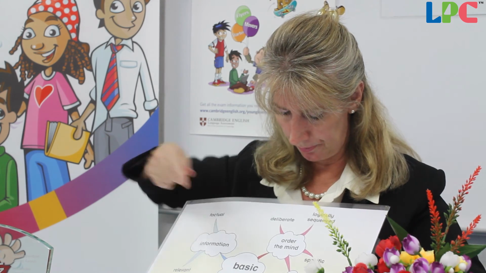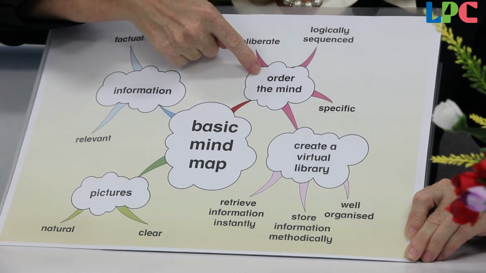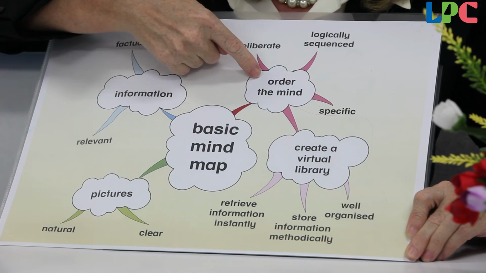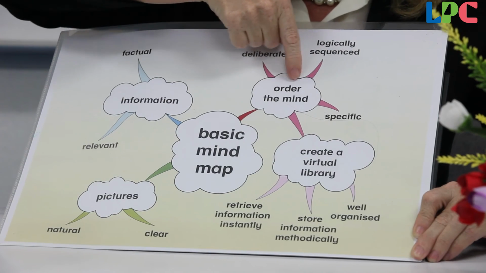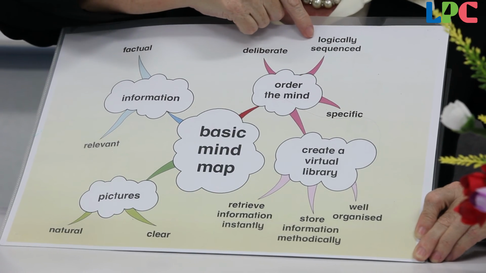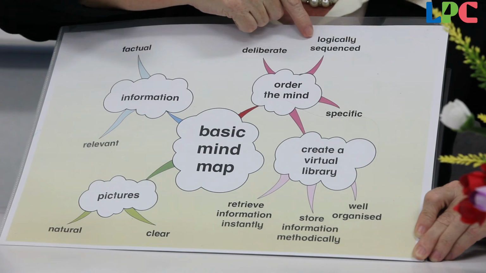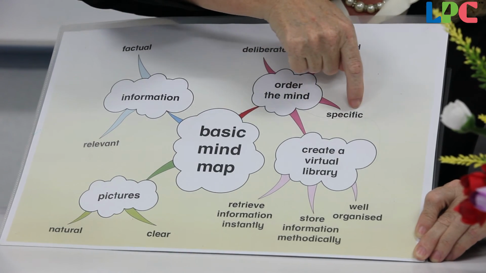A mind map at starter's level will order the mind because the actions are deliberate, they are not random. The mind map is logically sequenced or organized, and the information in it is specific to each new topic and, again, structure being taught.